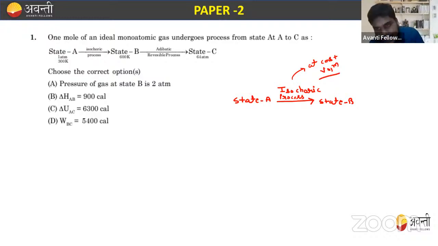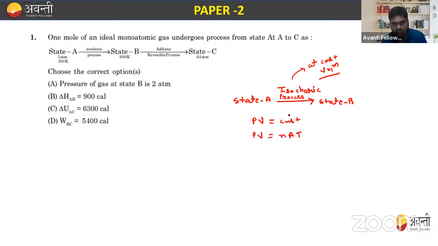So this is state A, and you have to go from state A to state B, and this is an isochoric process, right? At constant volume. Now, pressure of the gas at state B is 2 atm. Whether it is true, so we know that PV is equal to constant, or we say PV is equal to nRT.